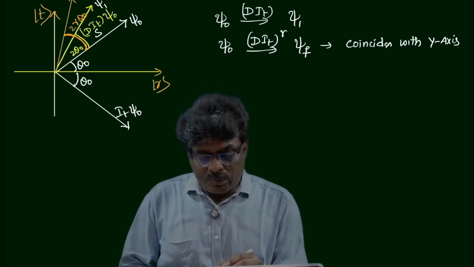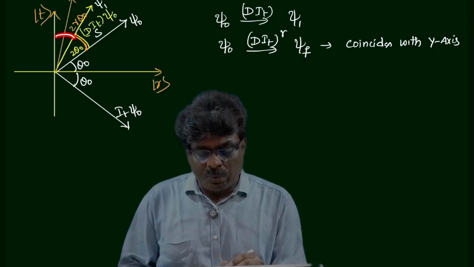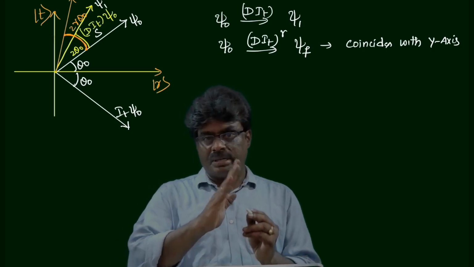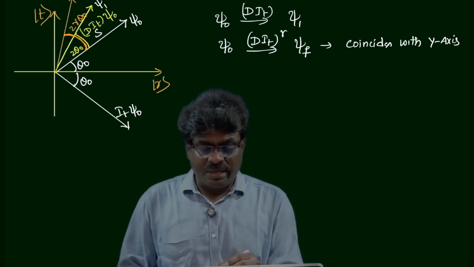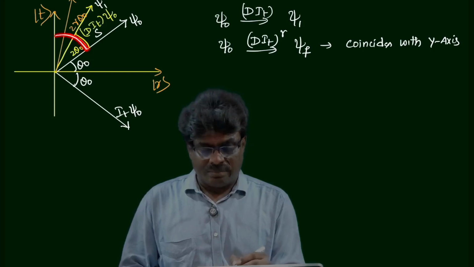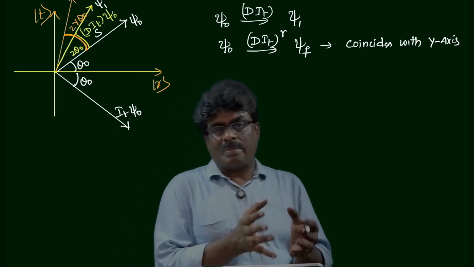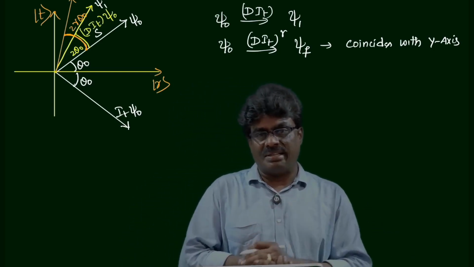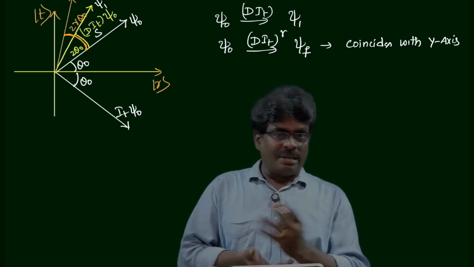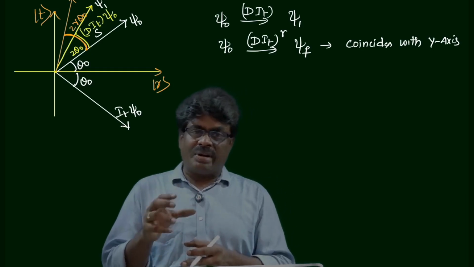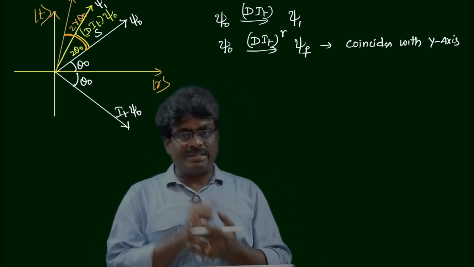Up to here we already have 2r theta naught, and here one more theta naught. So the total 2r theta naught plus theta naught should be equal to 90 degrees, and then we will get that r value. To get this, first we need to find theta naught. So how to get theta naught?